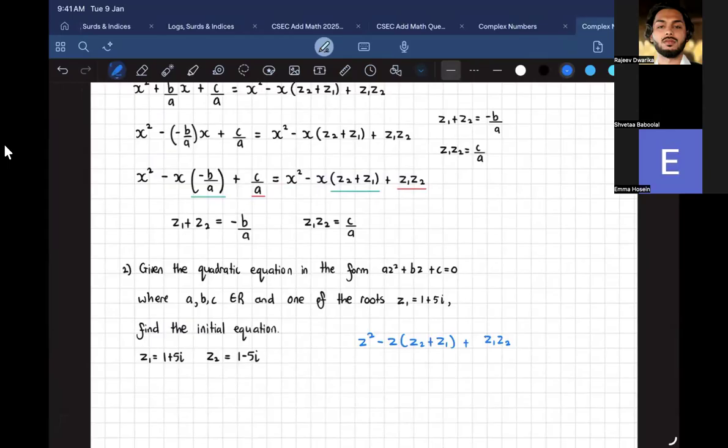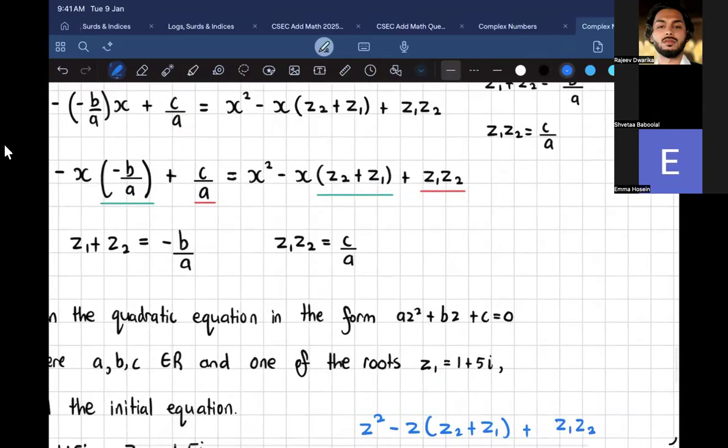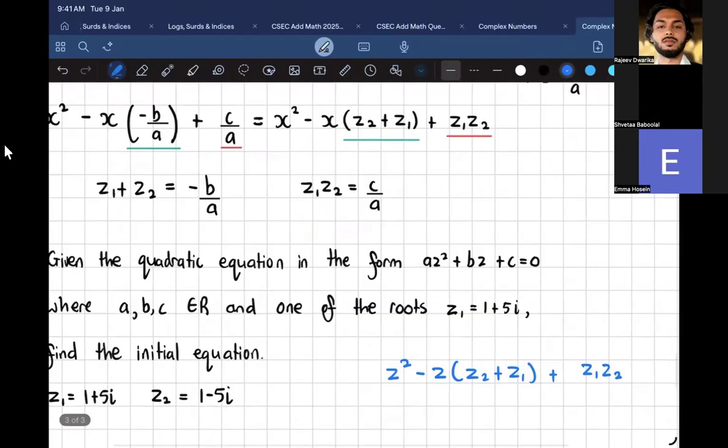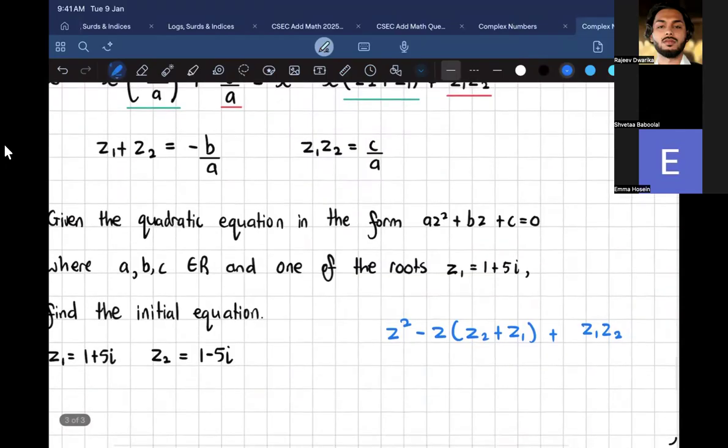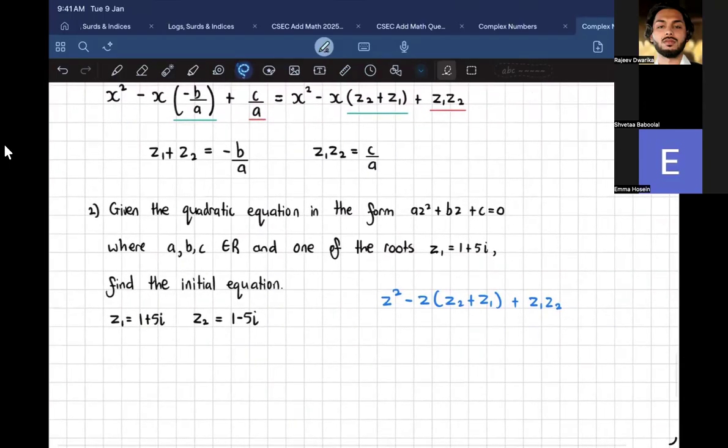You understand that x is a variable, and we could use any letter to represent the variable, and the standard for complex numbers is z. So instead of writing x squared minus x times Z1 plus Z2 plus Z1 by Z2, I'm going to write z squared minus z times Z1 plus Z2 plus Z1 by Z2. I'm not doing anything crazy. All I'm doing is replacing the x with z. I'm just using a different letter. You're sure I'm not confusing you?